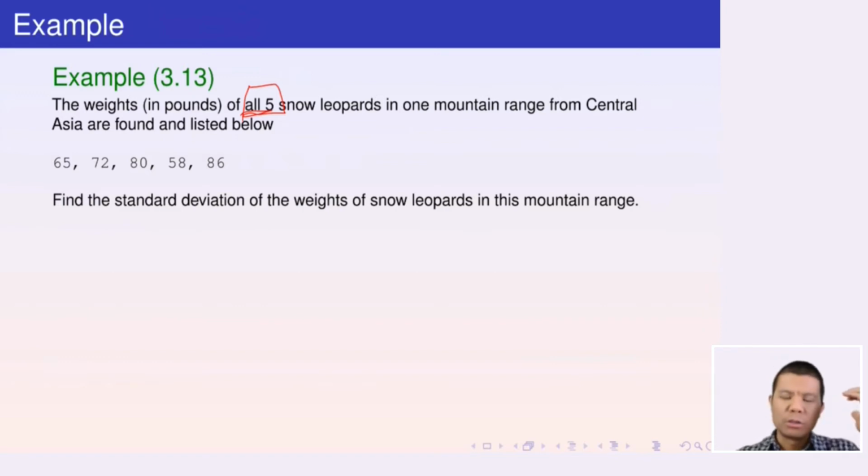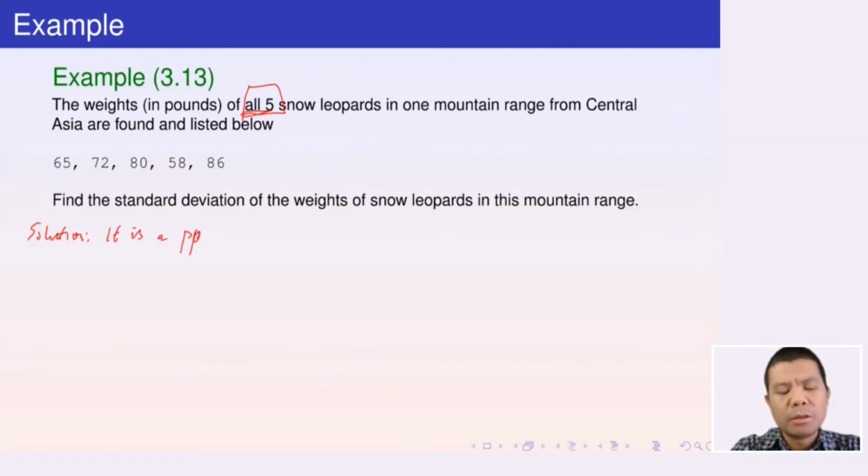Because it states that these are all the 5, it is a population data set.